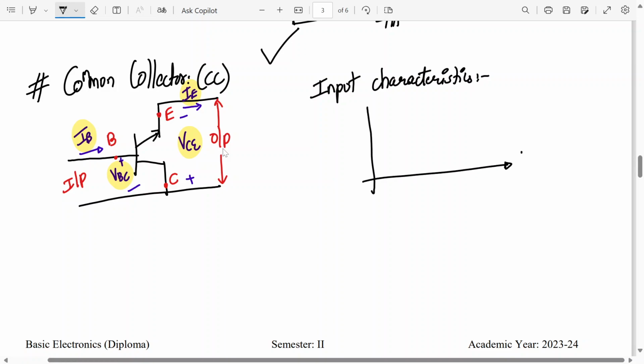So we can show over here VBC versus IB. Alright, this is NPN.